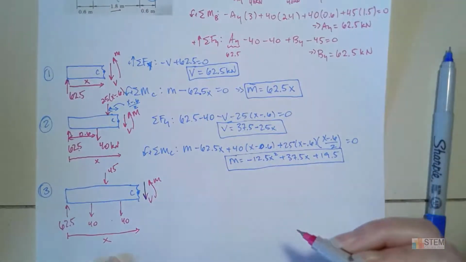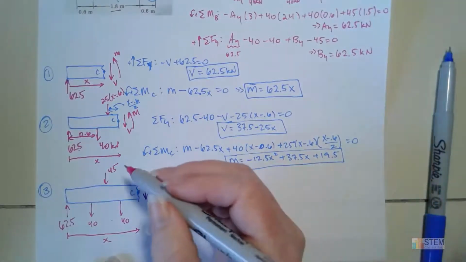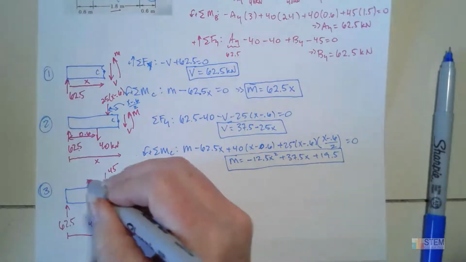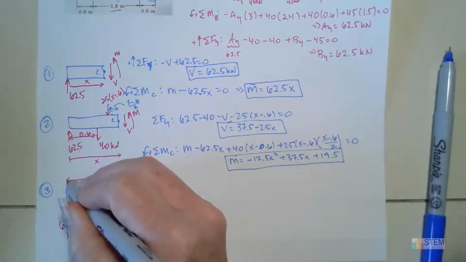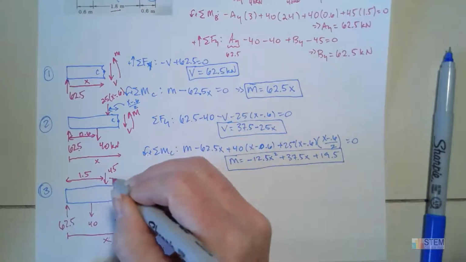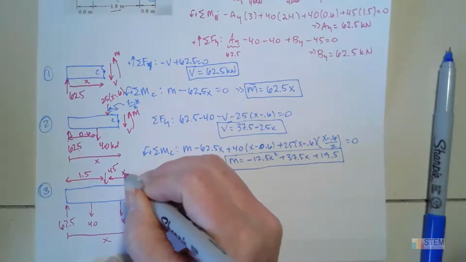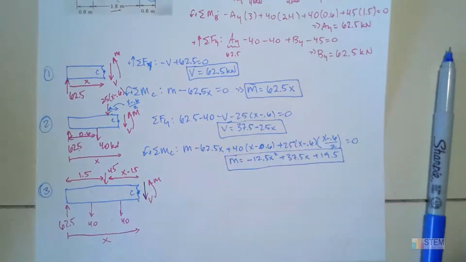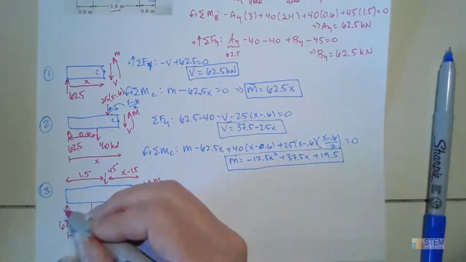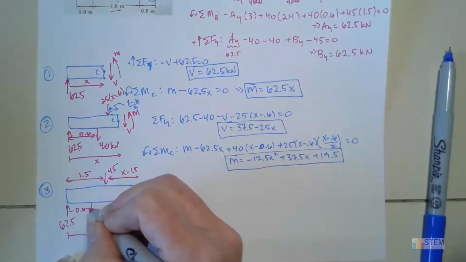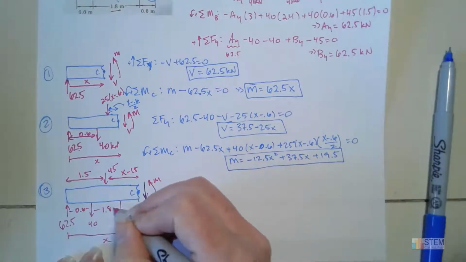All right, so that means that if this was 1.5, then this here will be x minus 1.5. All right, and that's 0.6, this is 1.8.